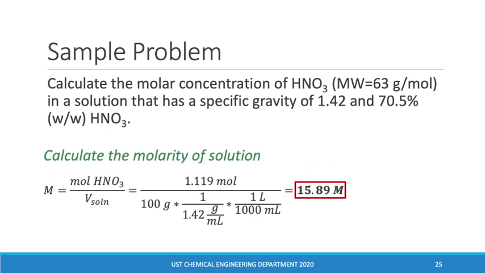Next, we calculate the molarity of the solution by dividing the moles of nitric acid by the volume of the solution. Take note that the basis that we have set here is 100 grams of solution. Therefore, we still have to calculate the equivalent volume by dividing it by its density and then converting it to liters. Calculating, we get a concentration of 15.89 molar.